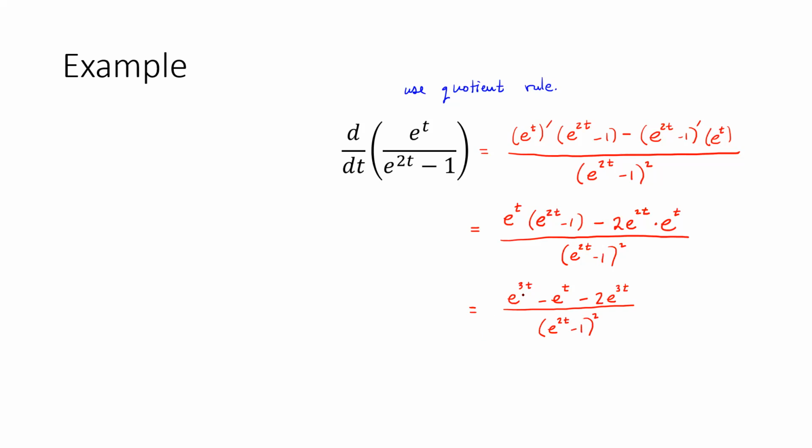Let me see, what else can we do here? I noticed we could then combine e to the 3t minus 2e to the 3t. So that would be negative e to the 3t. Okay. Of course, you could leave it like this if you want.